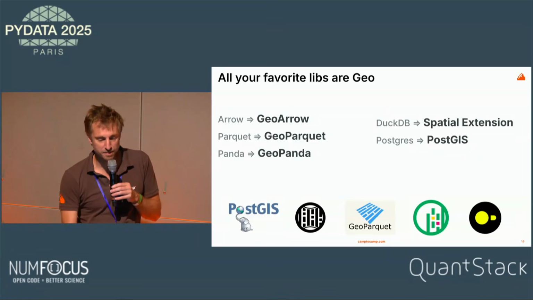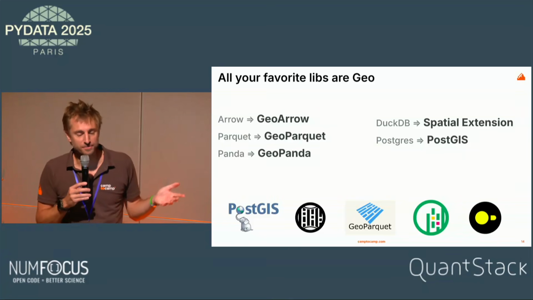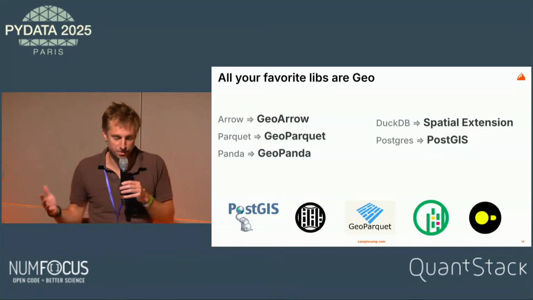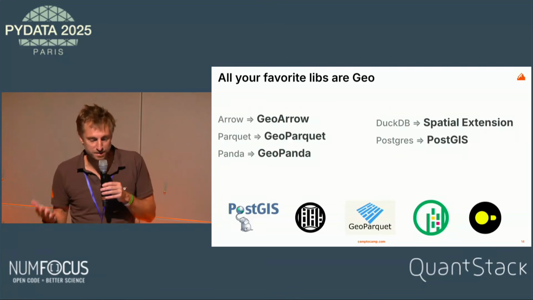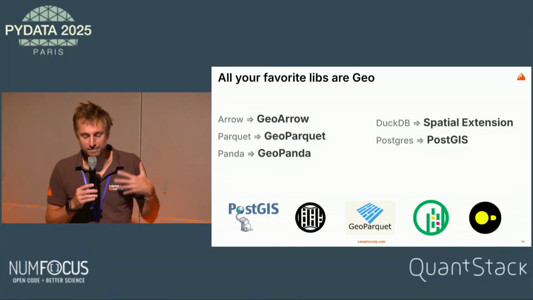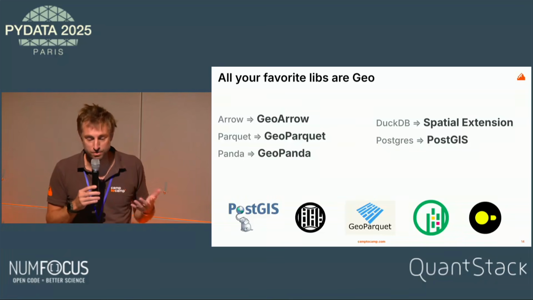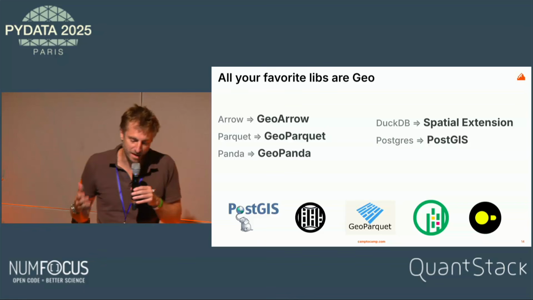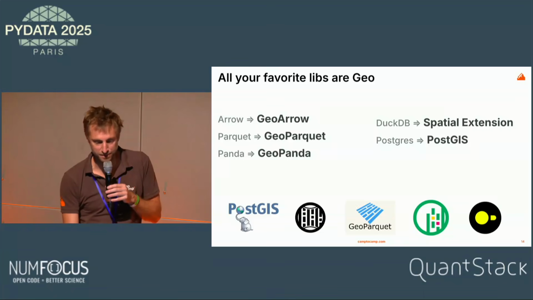And we are lucky because in the data ecosystem, most of the tools are also geospatial. For instance, for Arrow there is GeoArrow, for Parquet there is GeoParquet, GeoPandas, DuckDB has a spatial extension, and there is the very famous PostGIS. Almost all data have a geospatial component, and all the tools that you are used to using daily when dealing with data also have a geospatial component. And it becomes more and more trendy and more natively supported.